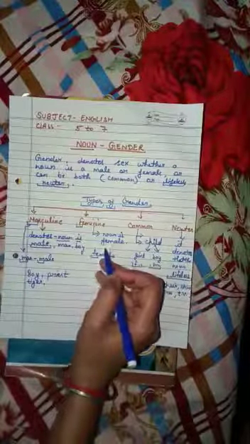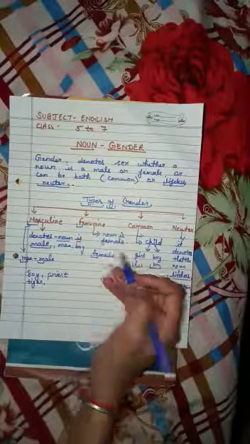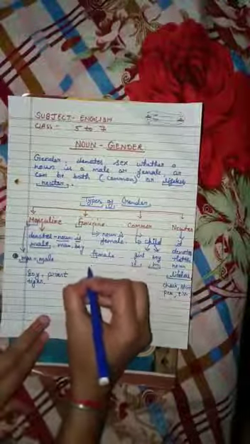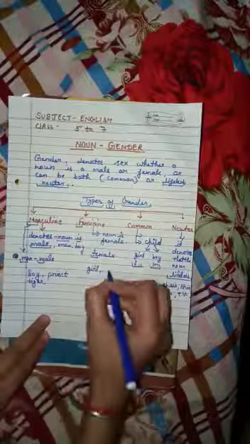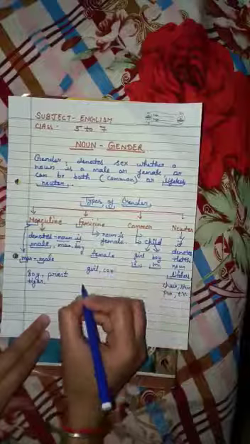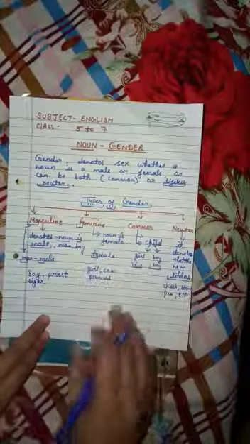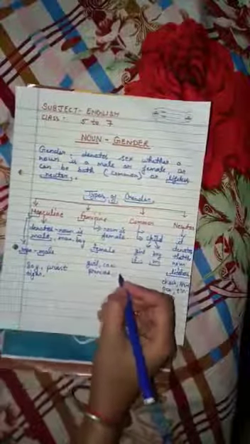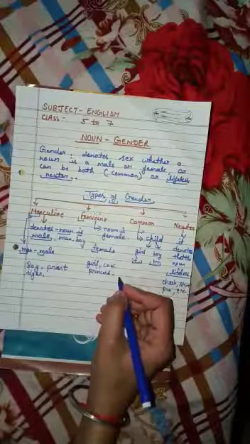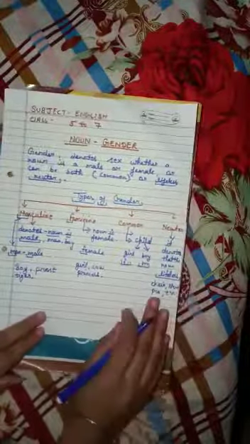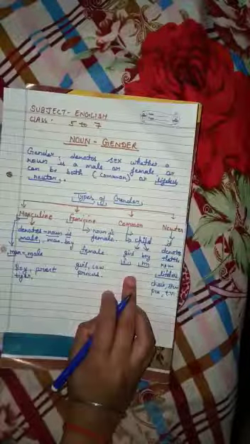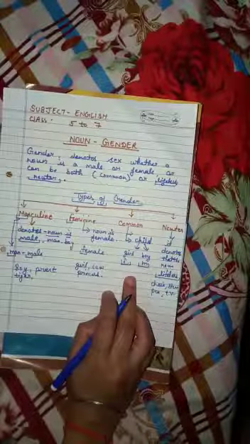That denotes the noun is female. For example, girl, cow, princess, etc. Now move to the third part, the common gender.